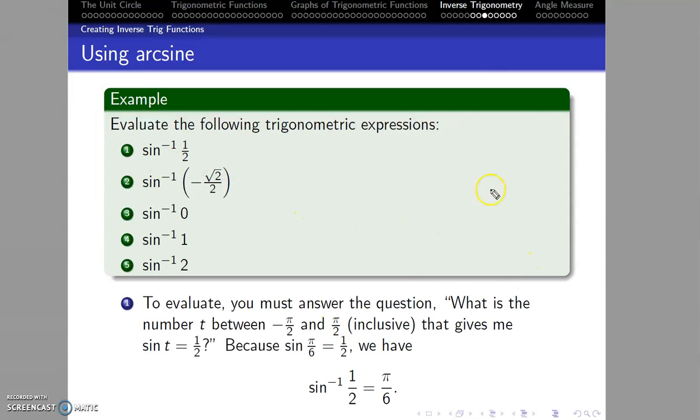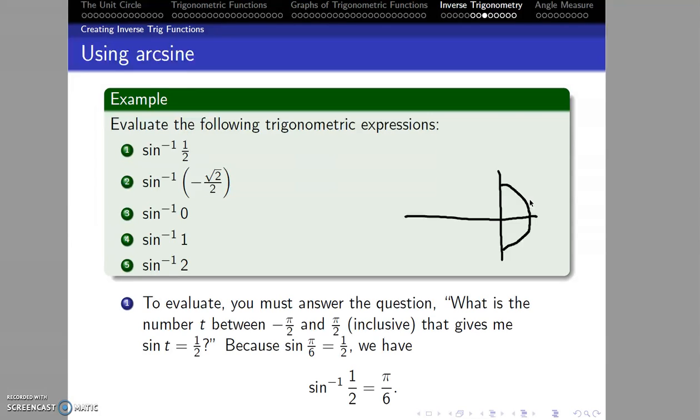Let me show you what I mean here. If here is our unit circle, seeing as how plus or minus pi over 2 is only this half of it, we look just at that, and we ask, where here am I going to have a sine value of 1/2? Or where here am I going to have a y coordinate of 1/2? And the answer is when t is pi over 6.